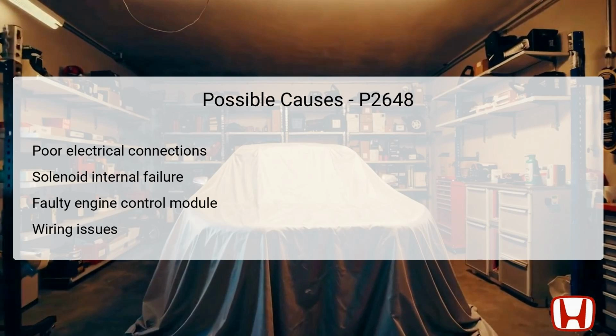Additionally, a faulty ECM could incorrectly report low voltage conditions, causing confusion in the diagnostic process. Wiring issues, such as frayed or shorted wires in the circuit supplying the rocker arm oil control solenoid, can also trigger this DTC, making proper diagnostics critical to identifying the specific issue.